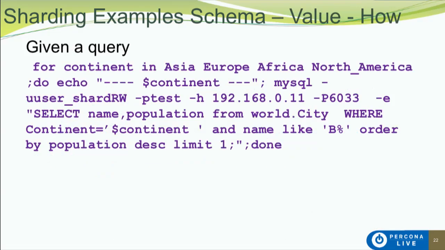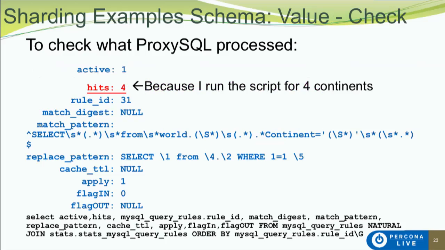What is interesting here is that if I want to check what is going on, I want to check the efficiency of what I'm doing, there is a very simple way. I have put the whole string of the query here, that you can query the MySQL query rules, joining that with the stats coming out from the query rules.